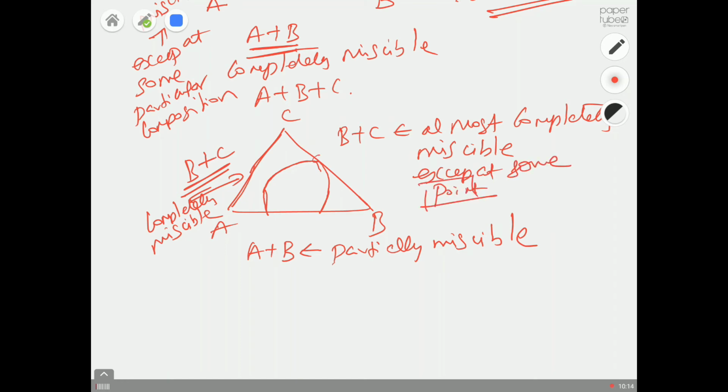At this particular fluid composition, you will get some clear separation. Yeah, so that's the meaning. That's how you have to interpret your ternary diagram.